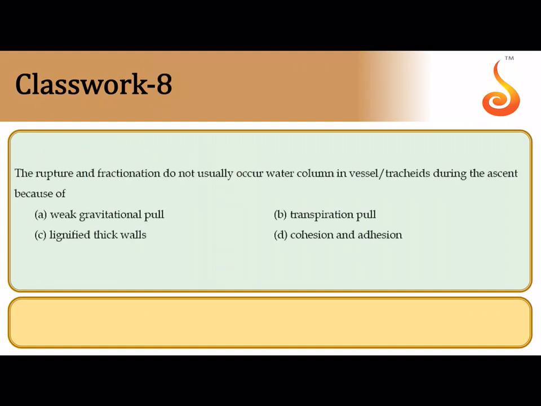The rupture and fractionation do not usually occur. That means that in the water passing through the xylem, there is no formation of bubbles or breakage of the water column. During transpiration, water passes as a continuous column up the xylem vessel.